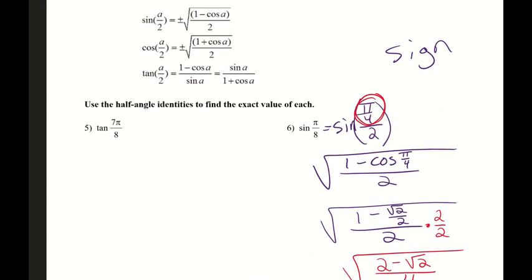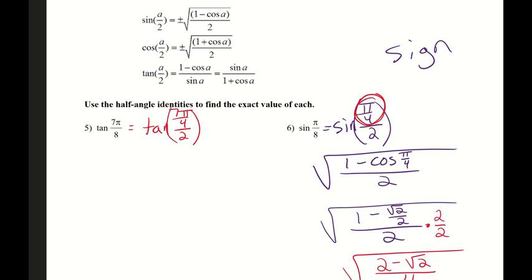Now, tangent, we're going to do this the same way. We're going to write this as the tangent of 7 pi over 4 divided by 2. So the angle we're going to be substituting into our formula is 7 pi over 4.